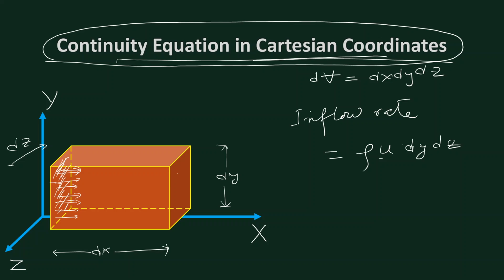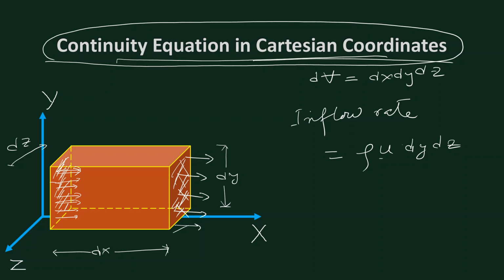Now, if you consider this surface here, suppose fluid is leaving through it at a rate. That rate will be given by the velocity in x direction at this surface and the area multiplied with the density at this point.